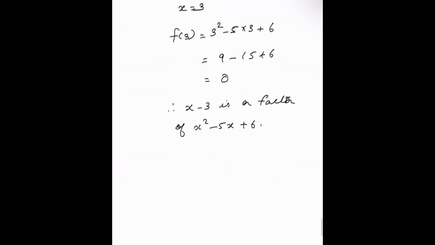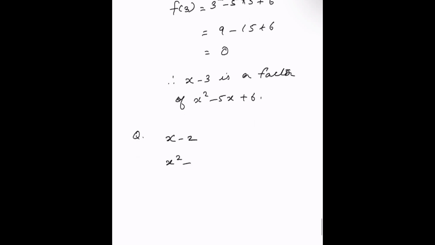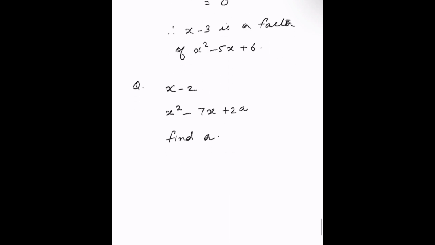Next one, let's do question number 8. If x minus 2 is a factor of x square minus 7x plus 2a, find the value of a. X minus 2 is the divisor. The polynomial is x square minus 7x plus 2a.